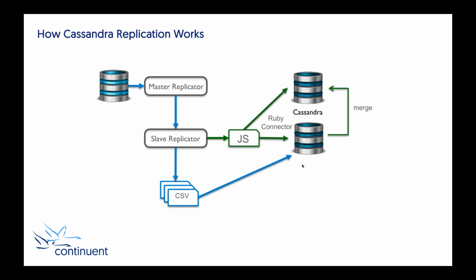Now, while all of this actually sounds like a relatively convoluted process to get this data across, the reality is that we use batching when writing into target databases like Cassandra because it tends to be much, much more efficient.